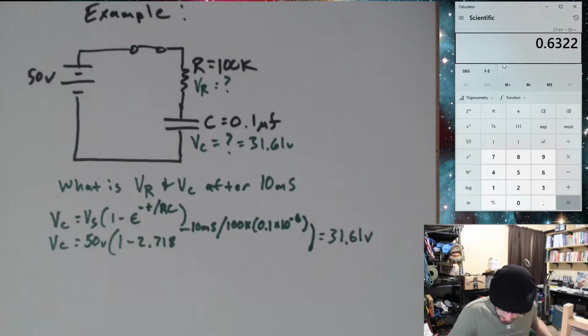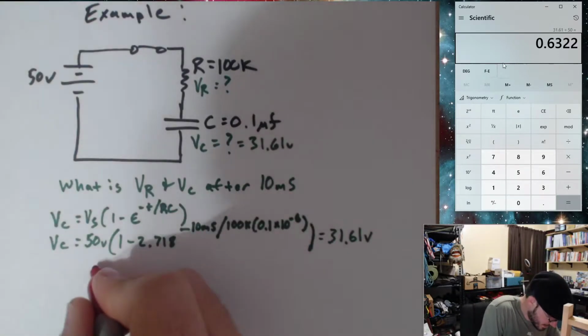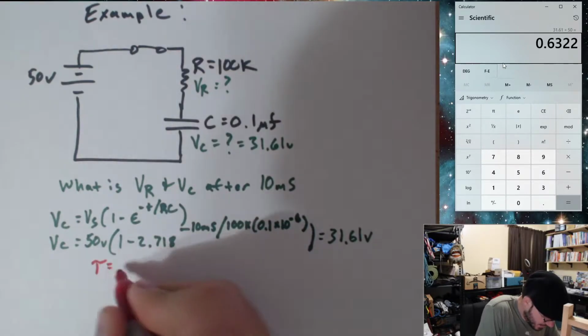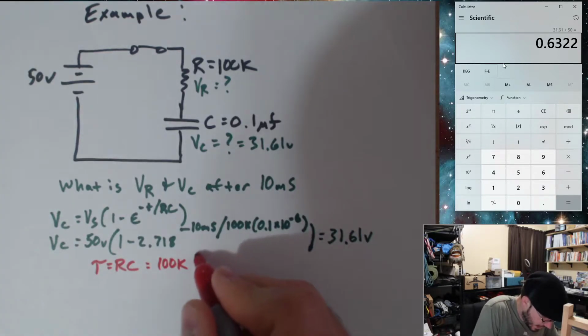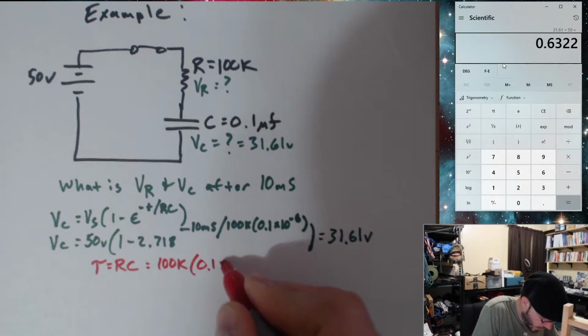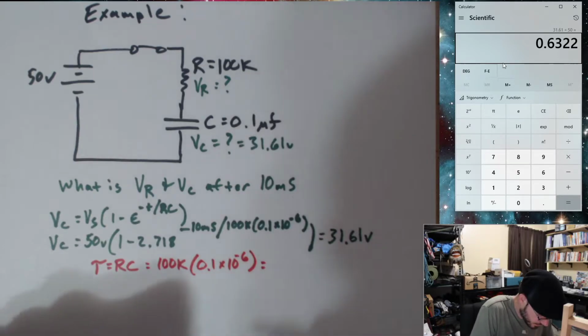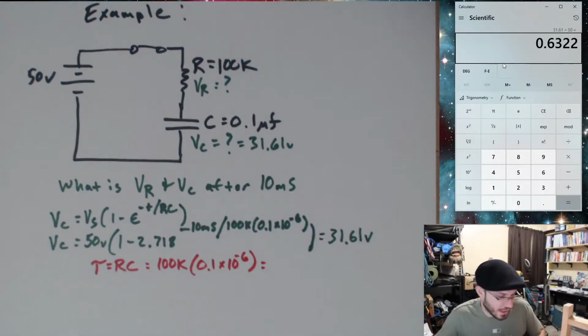Let's figure that out now. What's this equal to? Tau equals RC, which equals 100,000 times 0.1 times 10 to the minus 6. This better be equal to 10 milliseconds.